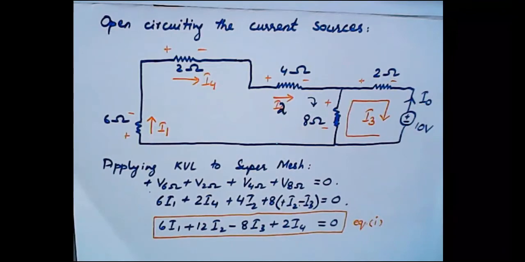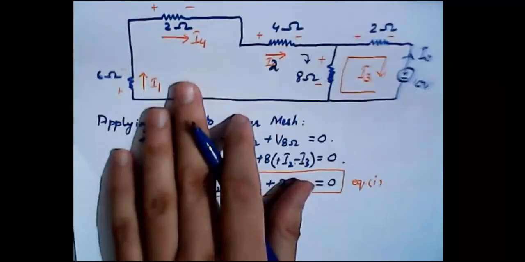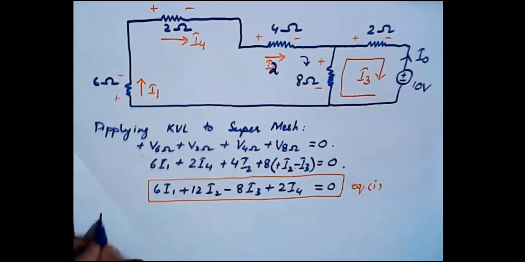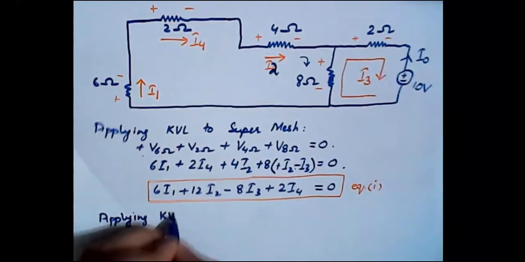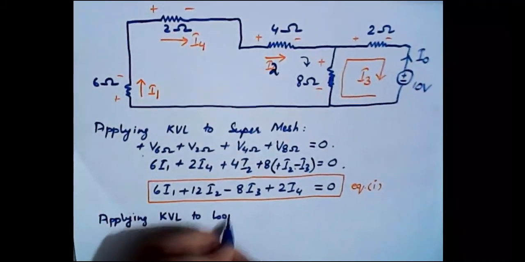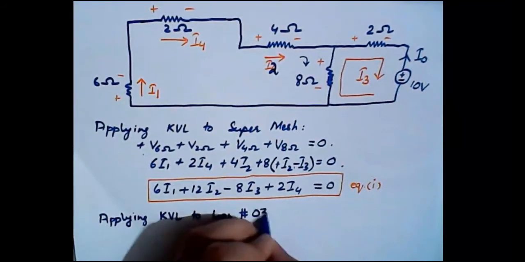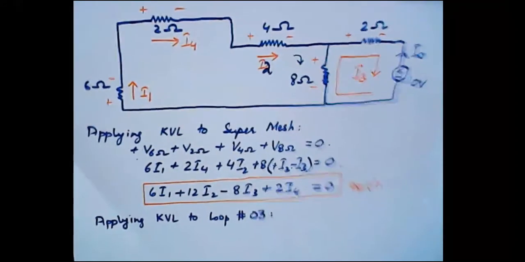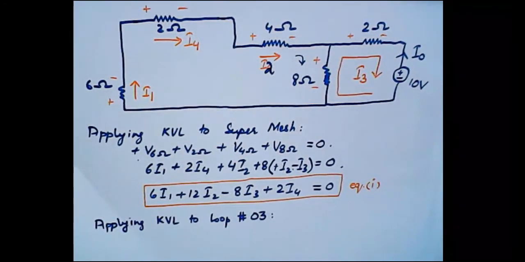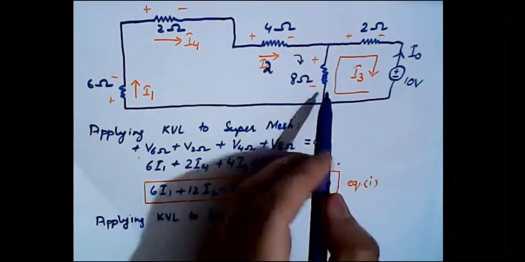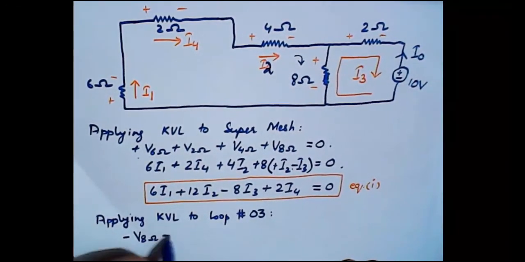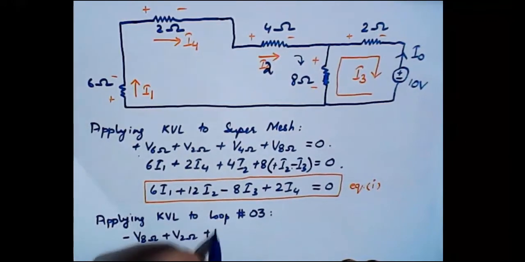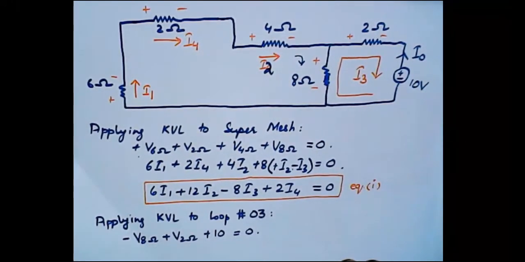Okay, so now moving towards loop number 3, which is pretty much easy as compared to the super mesh. Applying KVL to loop number 3, right? Now here we can see that for the 8 ohms resistance, the current is entering the negative terminal, so it will be minus V8 ohms plus V2 ohms plus 10 equals 0, right?